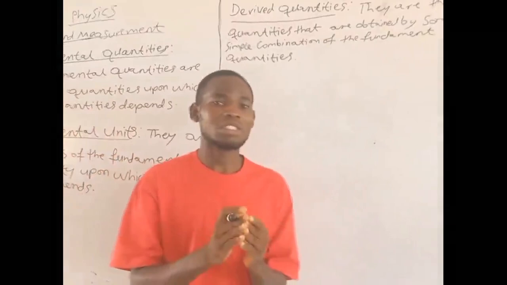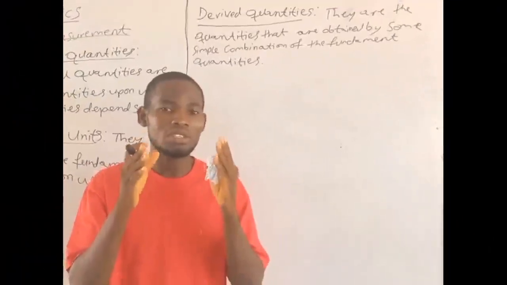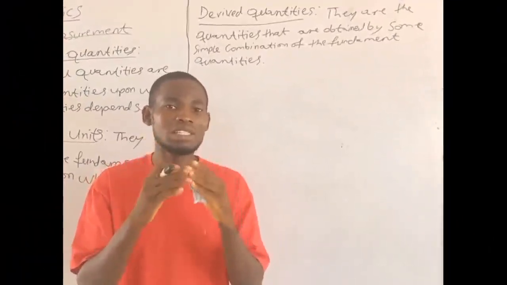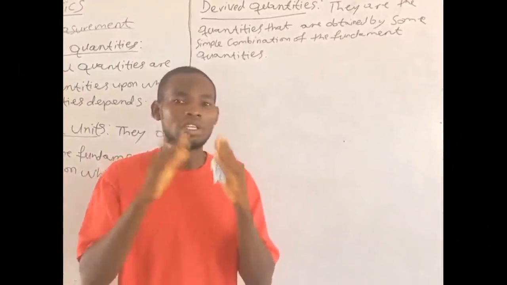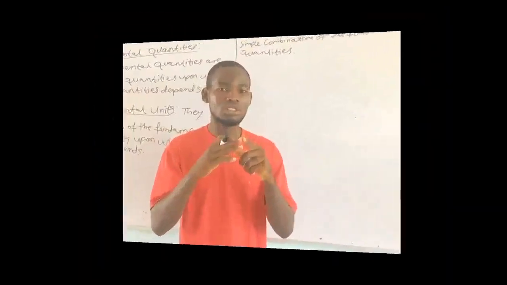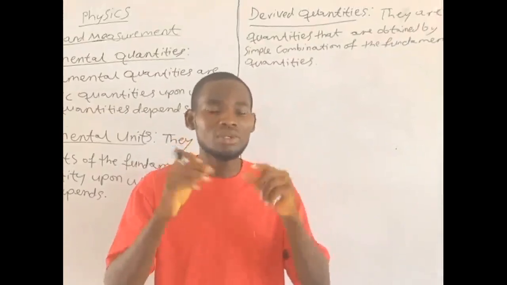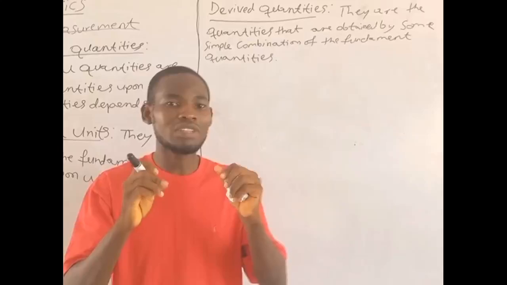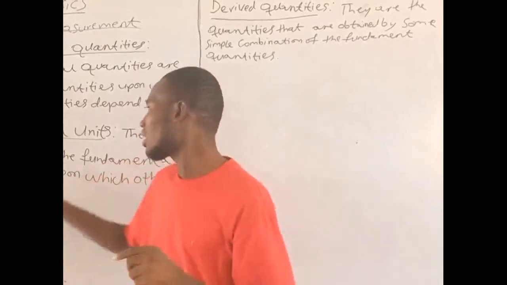The derived quantities also have units, which are obtained from or depend on the fundamental quantities. Derived quantities also have their units. Now, what are derived units? Derived units are the units of the derived quantities, which depend on the fundamental units.